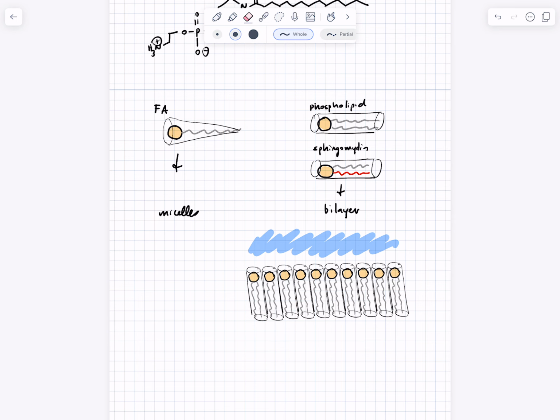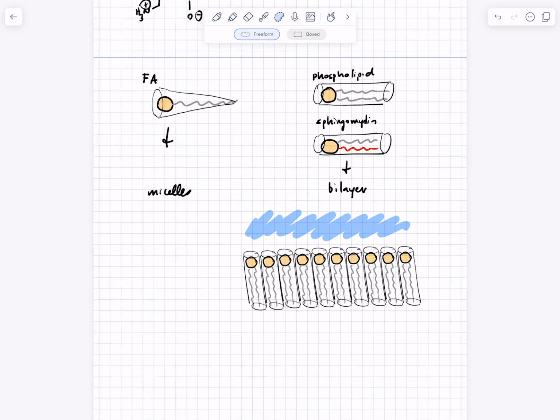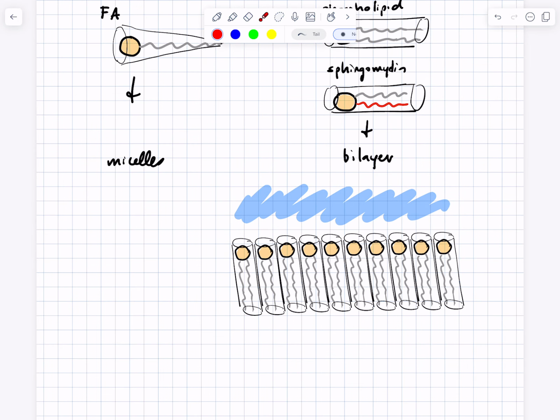So what will happen, at least at the early stages, is a monolayer of phospholipids will actually put its nonpolar groups sticking straight out into the air, because it's better to be in air than it is to be in water. And then the polar groups will be in the water.